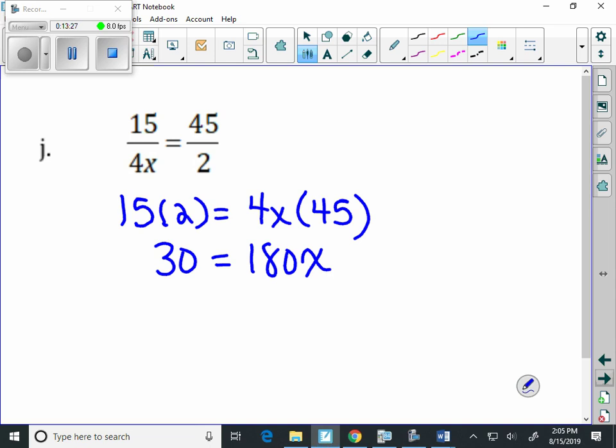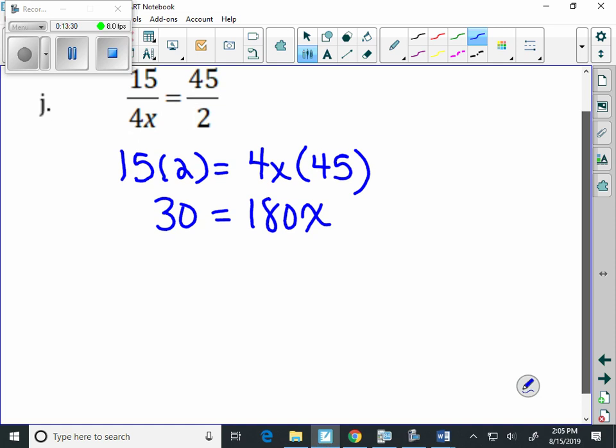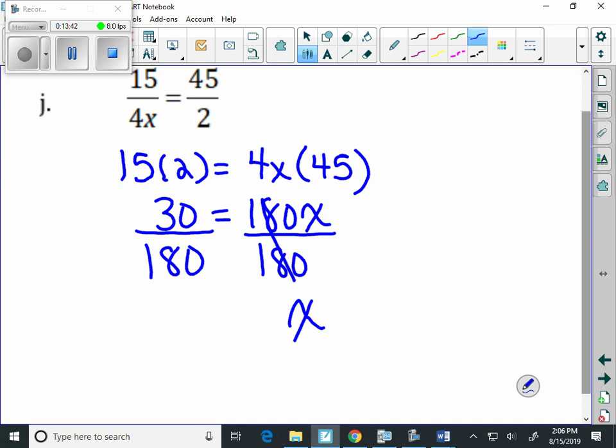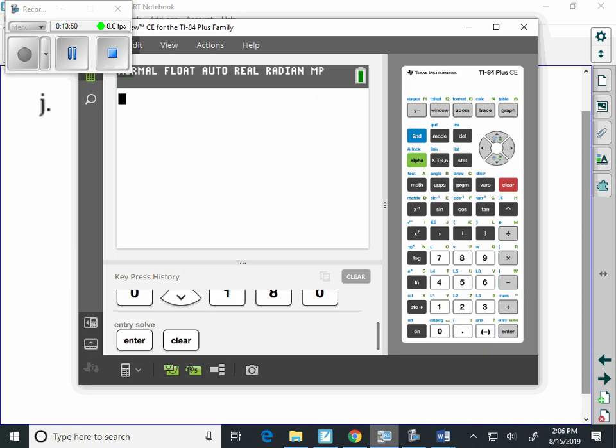And this time we're going to get a fraction. And this is maybe when you do want a calculator momentarily. But 180 times x, we're going to undo the multiplication by dividing. And if you don't like fractions at all, you pull out your calculator.